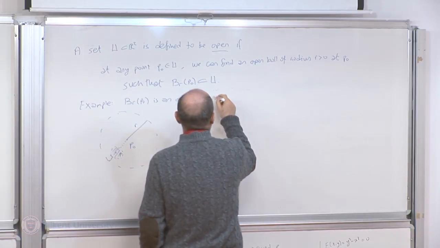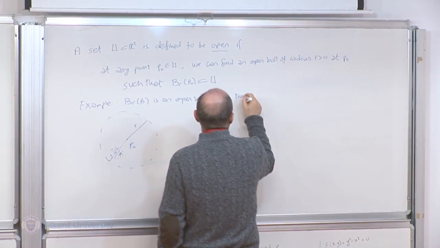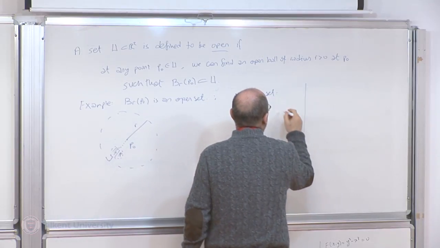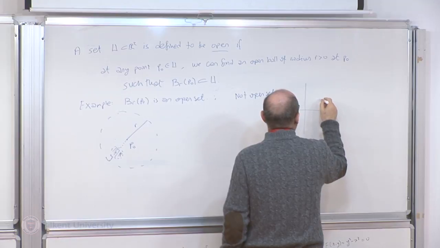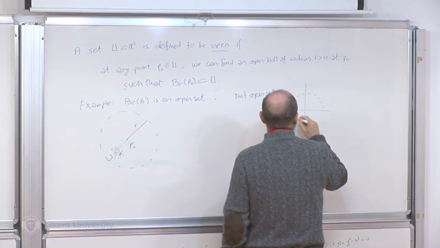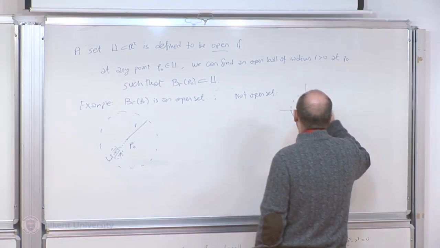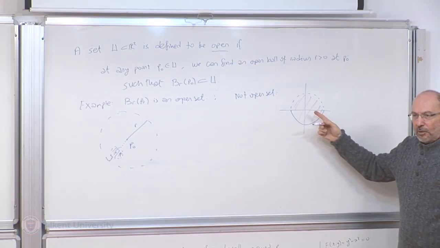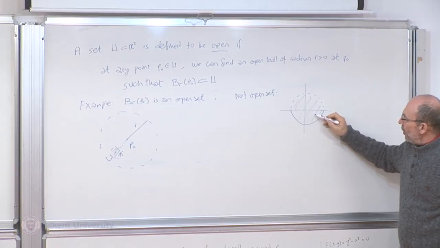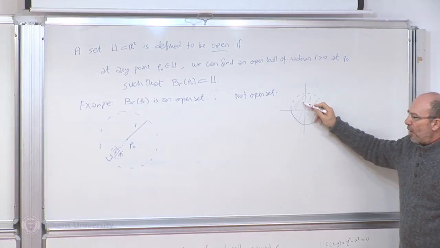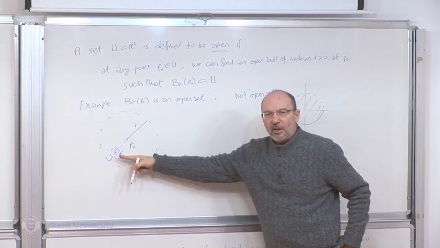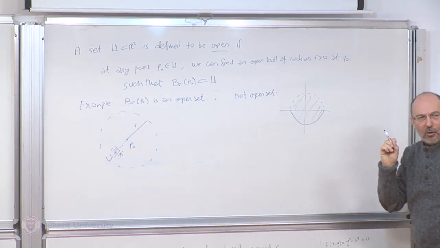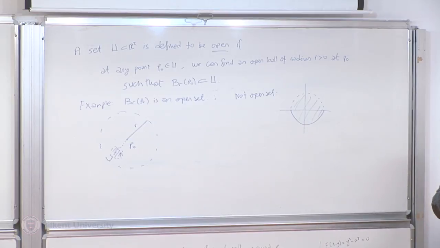A counter example. Not open set. Okay, so let's again take a circle like this, but now here I put this part. Okay, so this picture. So this set is not open, okay, because you see here, if you take this shaded part, you can play this game, and for all those points, you can find a small radius so that the ball of radius r lies totally inside the set.